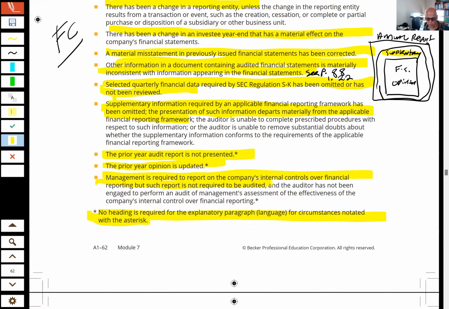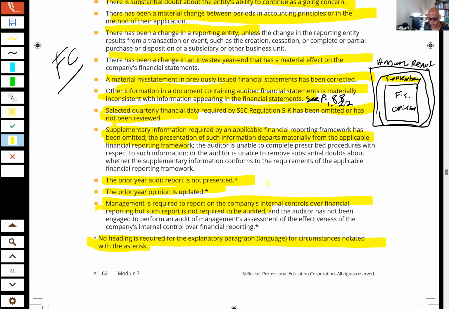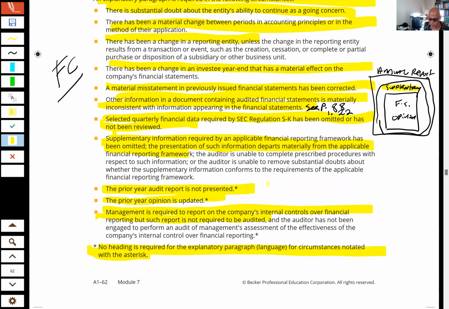Okay, now look, guys, this is annoying. I understand that you have to make this monstrous flashcard that has all these things on here. You know, I find it unfortunate that the CPA exam asks questions about, in my opinion, unusual circumstances where these kinds of things would start happening.